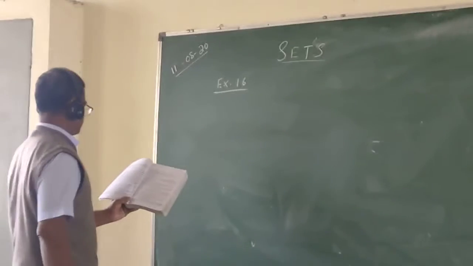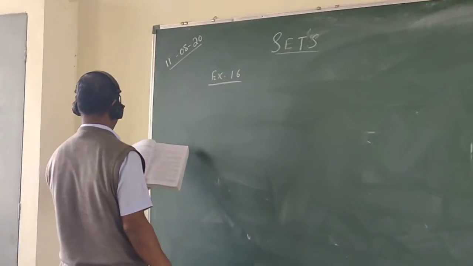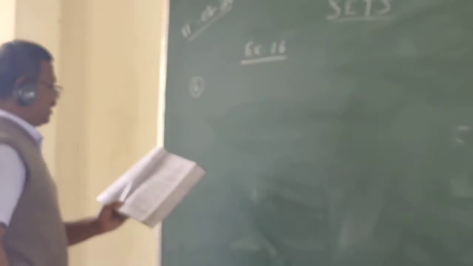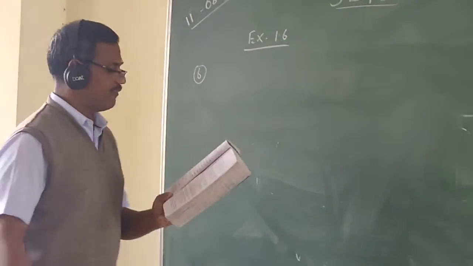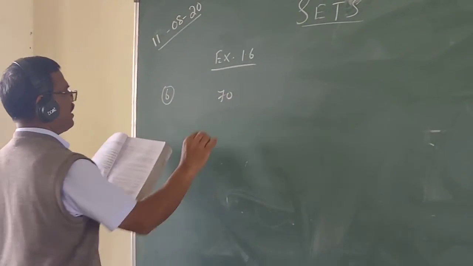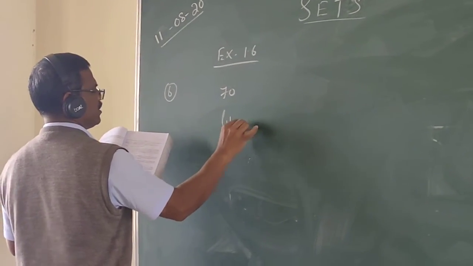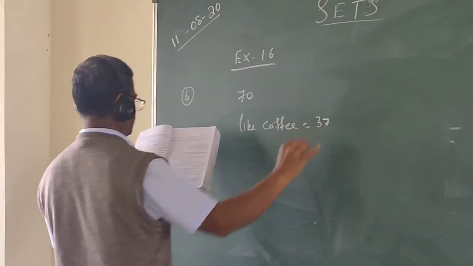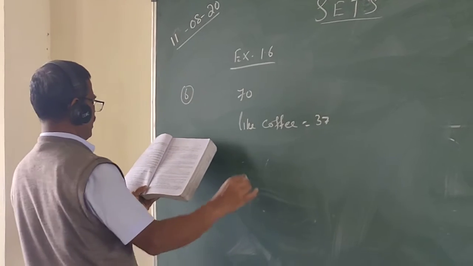One question I will explain, the sixth question. In a group of 70 people, 37 like coffee, and 52 like tea.